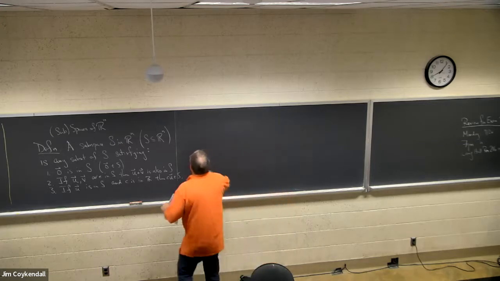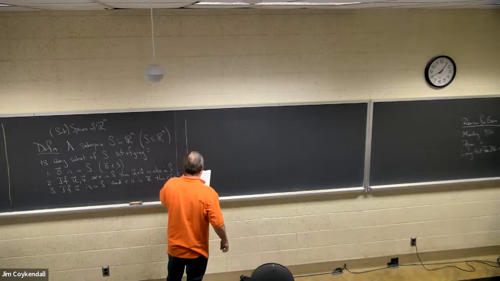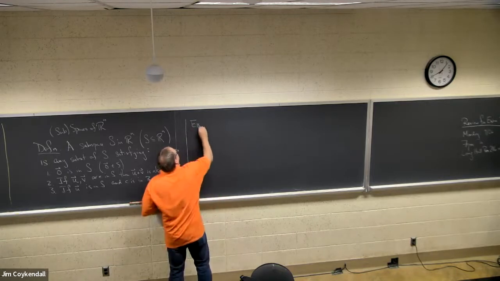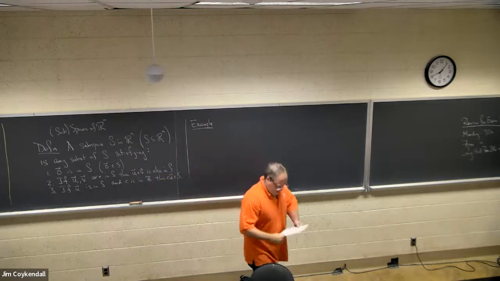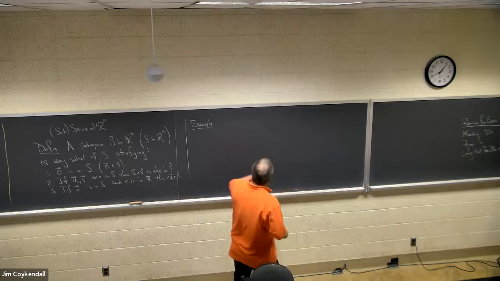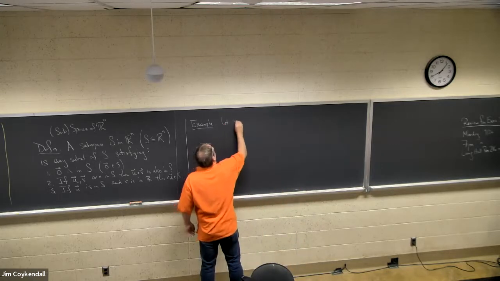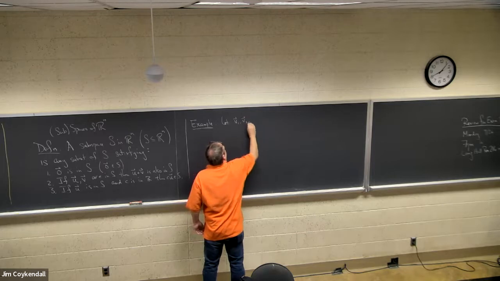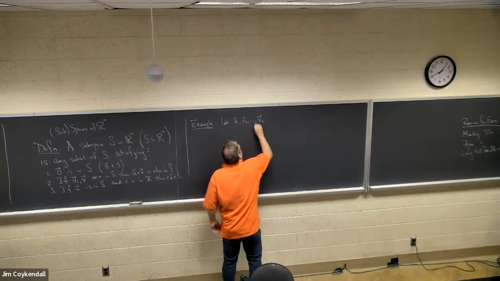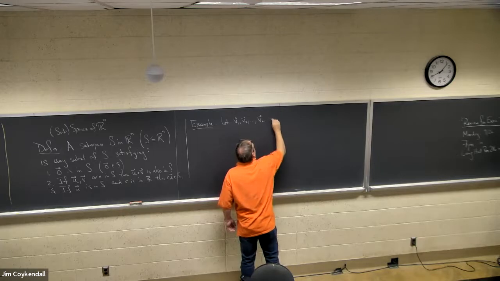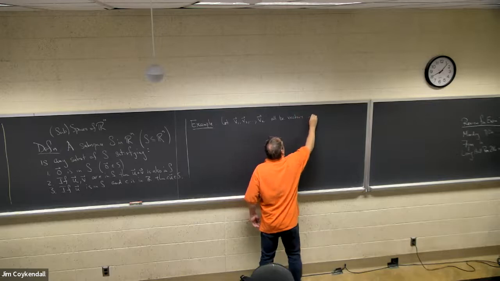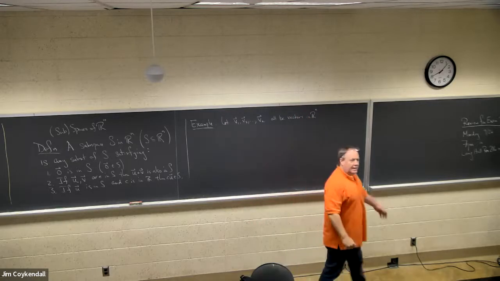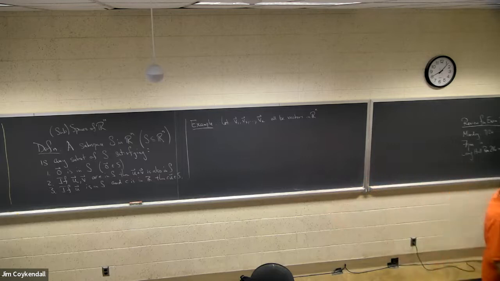Let's look at some examples. I'm going to do a lot of examples of this. Let's take, pick any, and by the way, I didn't even specify the number of vectors. You can pick one vector or 43.